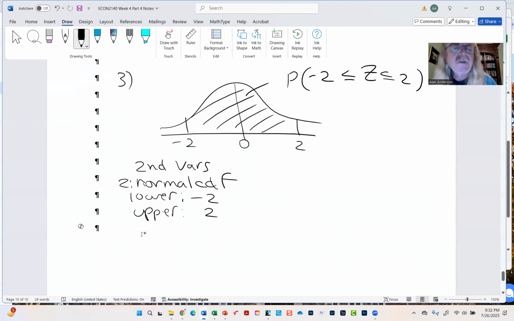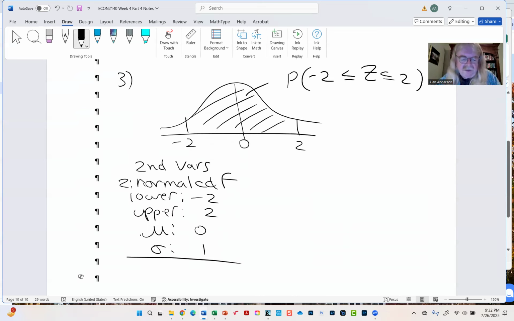And of course, the last 2 terms are the mean and standard deviation. So if you plug those in, rounding to 4 places, you will get, by the way, this is one of those cases where you do not need either positive or negative infinity. 0.9545.